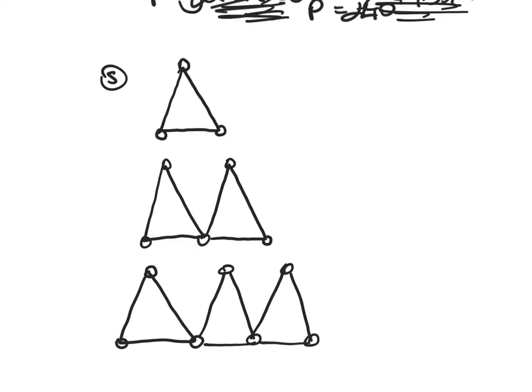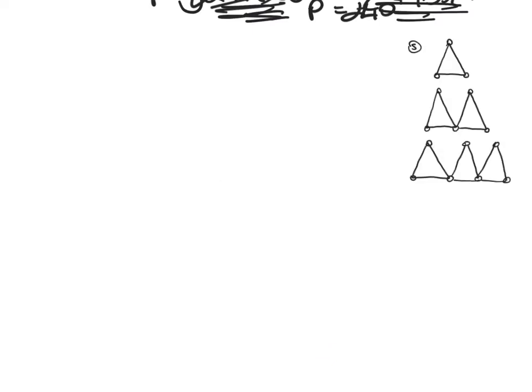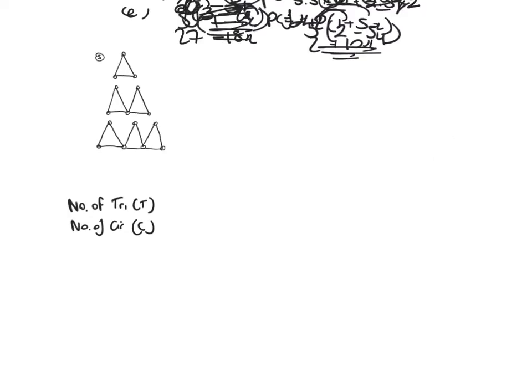Okay, we're then asked to complete a table, which is going to involve number of triangles, T, and number of circles, C. Okay, we can see for one triangle there are 1, 2, 3 circles.